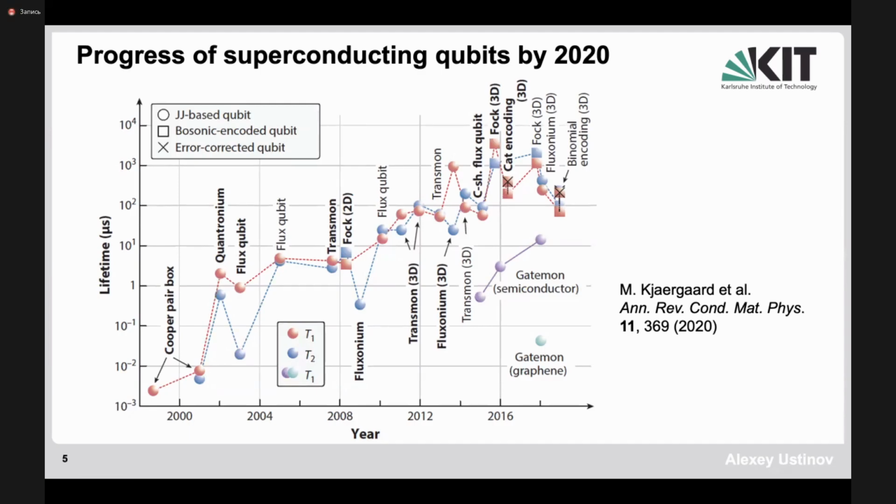You need to couple the qubit stronger to the environment. And this you can only do by sacrificing the coherence time. Simply, the qubit becomes less protected. So the compromise is somewhere in the middle. You need to have a reasonable quality qubit, which would allow a sufficient number of quantum operations, but at the same time you want to control it.